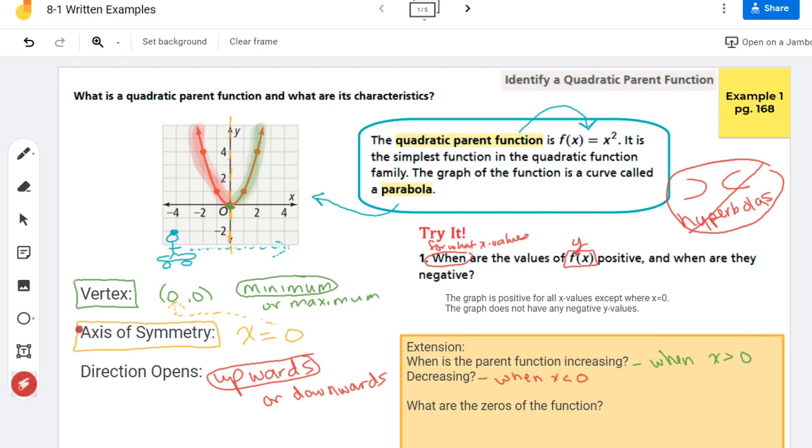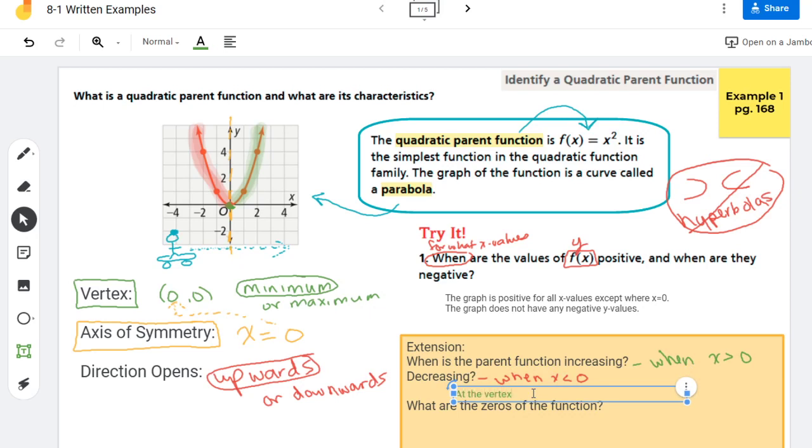Now notice it's changing directions at the vertex, right? It goes from decreasing to increasing. So when you have a vertex, the graph is neither increasing nor decreasing. Okay, so I'm going to actually put that in our little notes here.